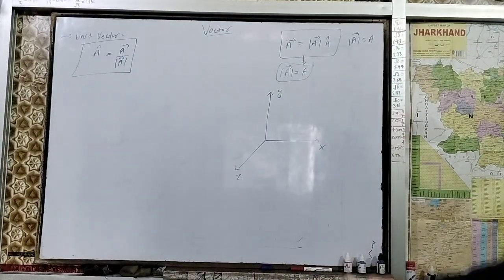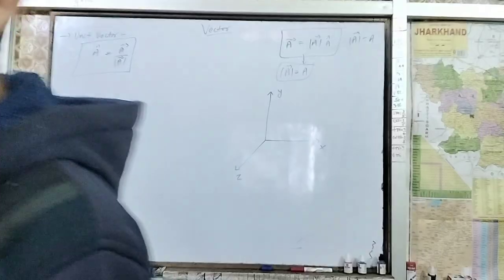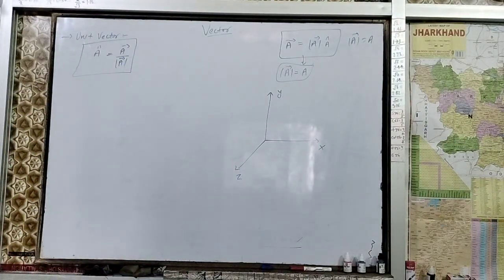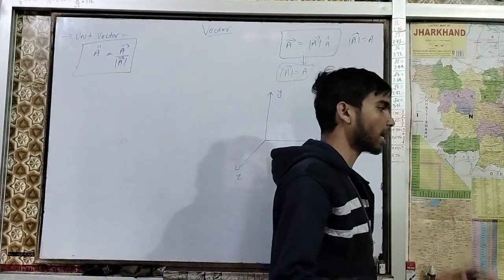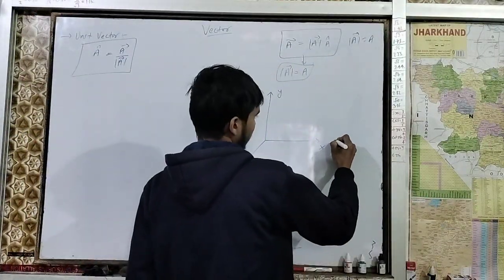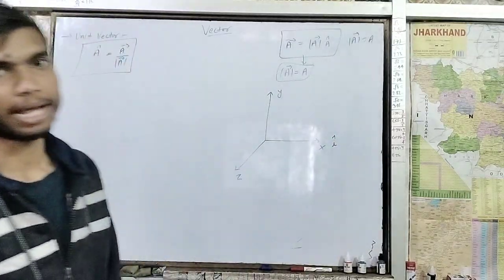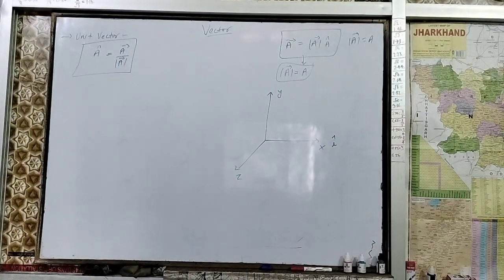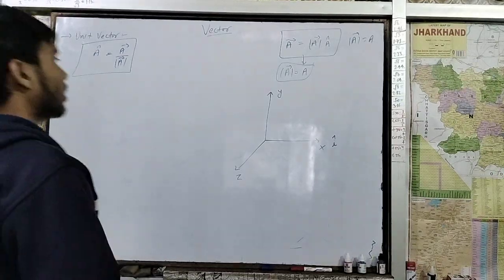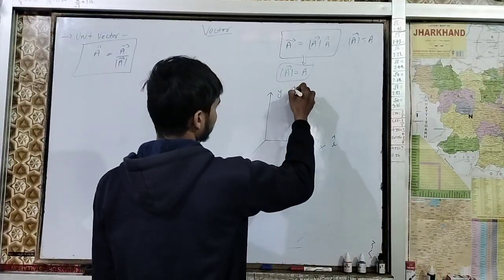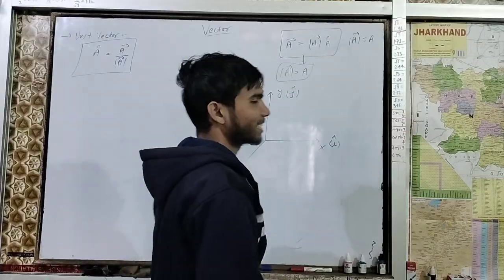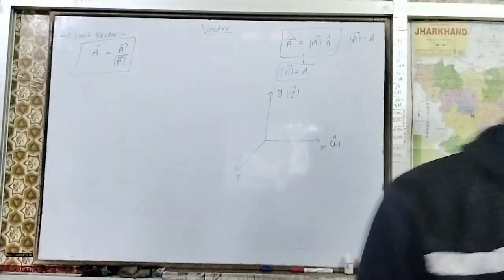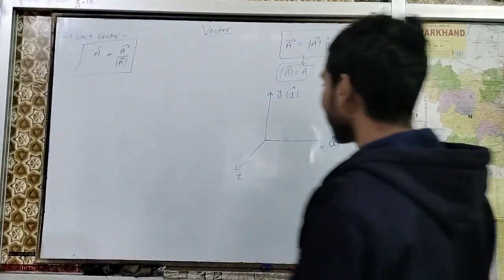How do we write the x, y and z axes in vector form? X is always replaced by i cap. Y will be replaced by j cap. The third, which is last, will be replaced by k cap.